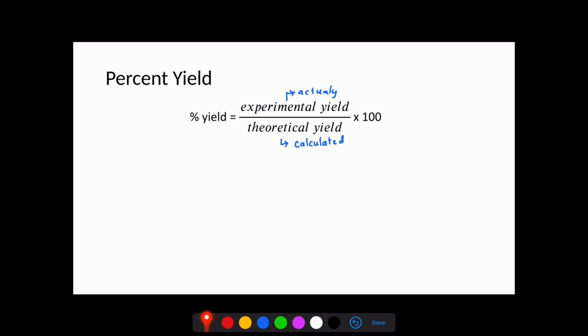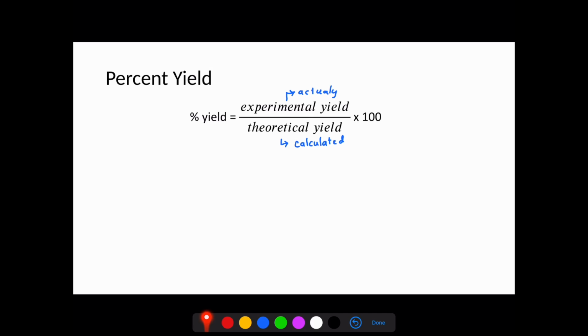Another reason why your actual yield is low could be because the experiment itself may not be 100% effective. There could be some side reactions going on. So some of the reactant could have been used in a side reaction, so the amount of product produced may be less than expected.